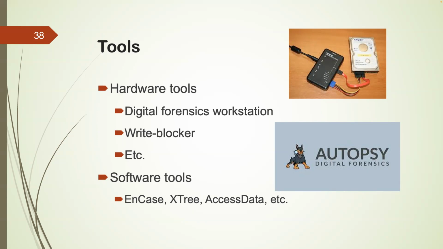If we don't use write blockers, there is a chance that the suspect's hard drive might be updated, or there might be some minor changes to it. So in order to avoid all of that, forensic investigators use dedicated hardware tools such as write blockers, which make sure that the reading operation doesn't contaminate or alter the state of the suspect's hard drive.